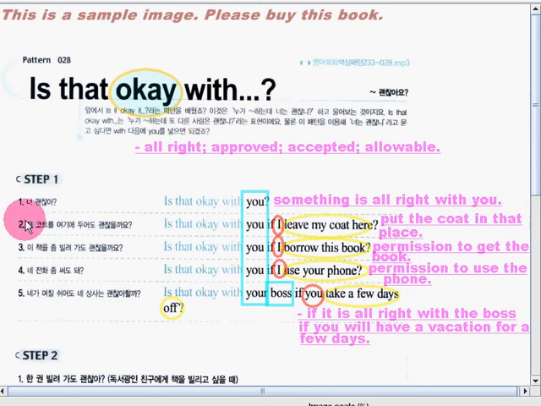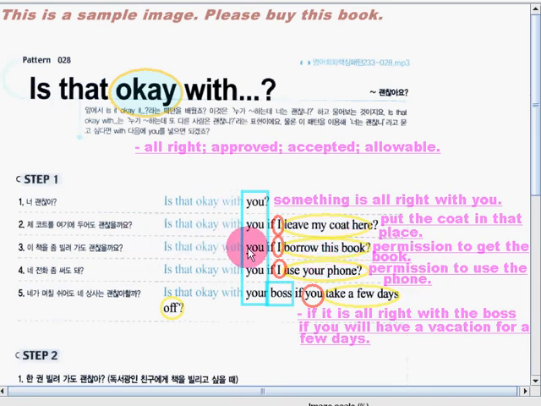How about number 3? Is that okay with you if I borrow this book? Again, we are asking permission from this person to get the book. You will get the book from that person.